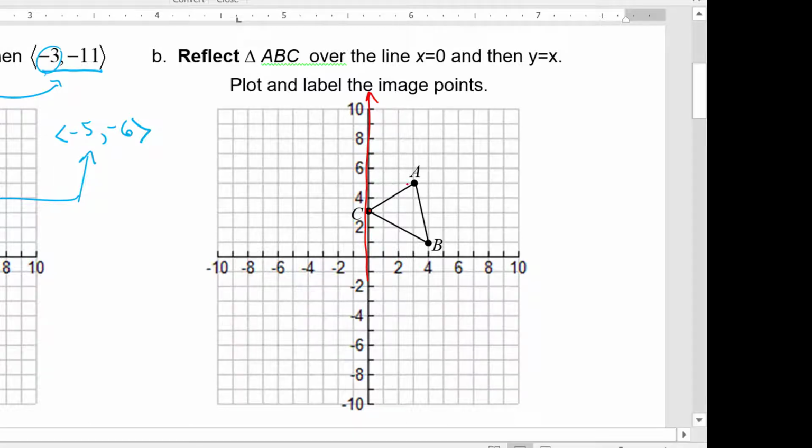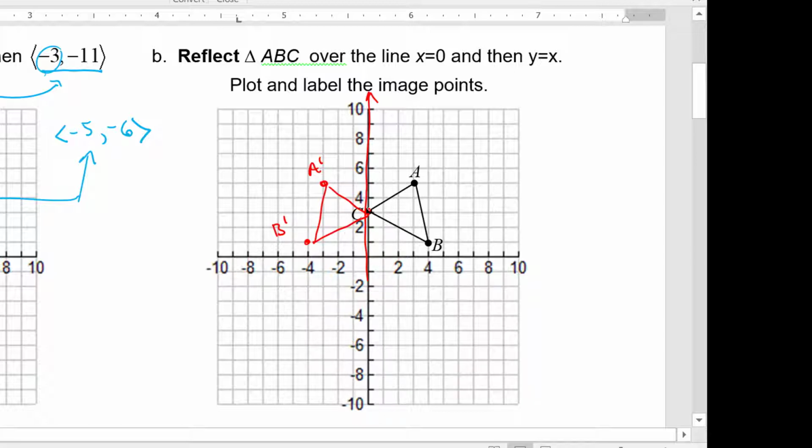Then I'm going to reflect the point A over to here. That's going to be A prime. And then B is going to end up over at -4, +1, B prime. And the figure looks like that.